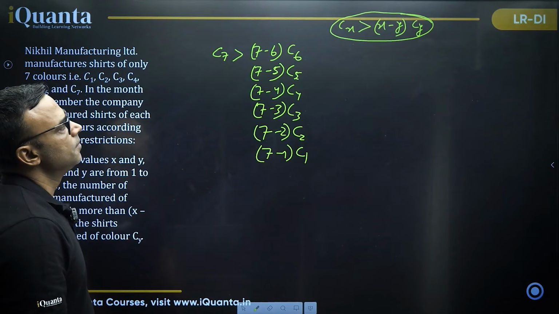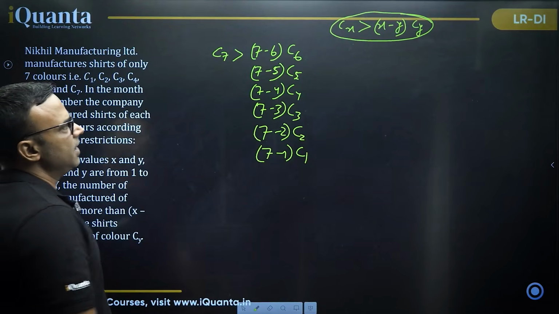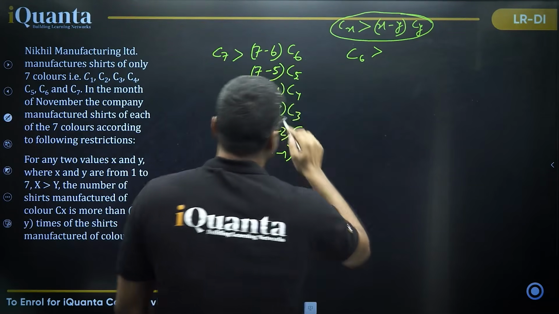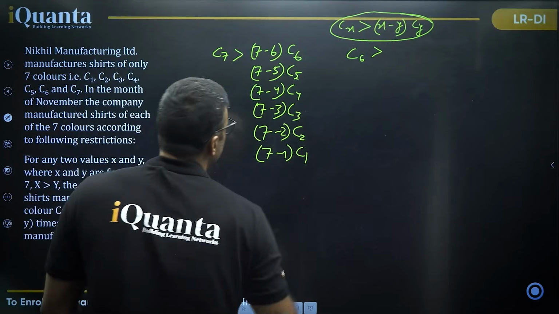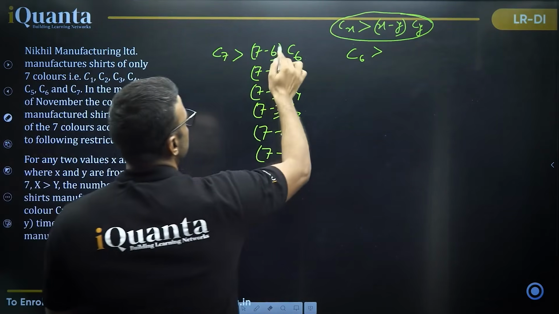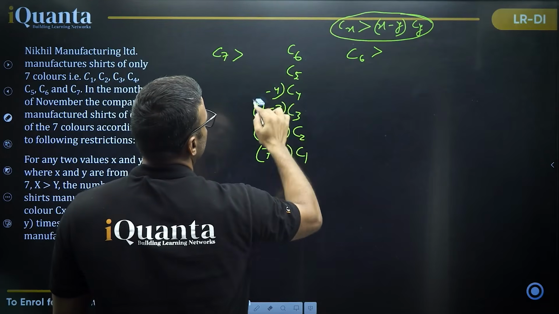Further, if you go, (7 minus 2) C2 and (7 minus 1) C1. Similarly, C6 has to be greater than... So instead of writing like this, can we just take the values instead of writing 7 minus 6, that is 1? I'll remove all this and put the values there.